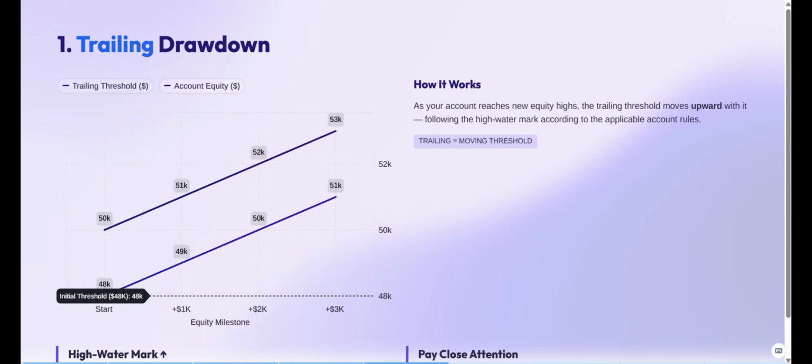Now, as your account starts making profits and reaches new equity highs, the trailing threshold can move upward as well. This means your drawdown isn't simply staying at the original level. It's tied to your account's high watermark, according to the rules. So the easiest way to remember it is, trailing drawdown means the threshold can move with your account. That's why traders using a trailing structure need to keep a close eye on their current drawdown threshold.